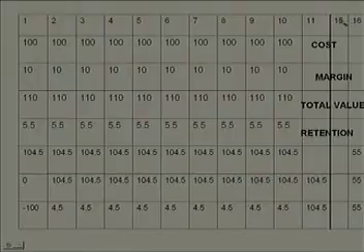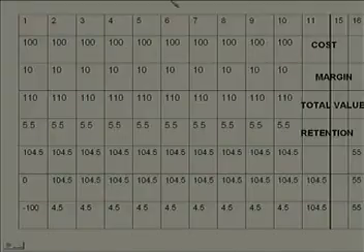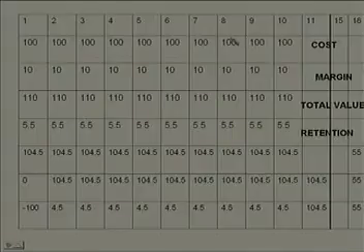I have drawn this table for 16 months, because 10 months is the project duration, and after 6 months of this duration, I am going to get my 100% retention money back from my owner. In the second row of this table, you will find the information on cost. I had assumed that I am incurring rupees 100 every month.